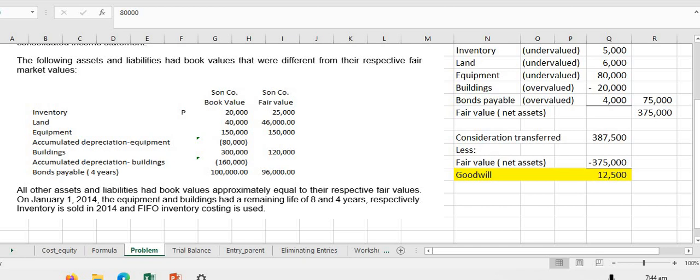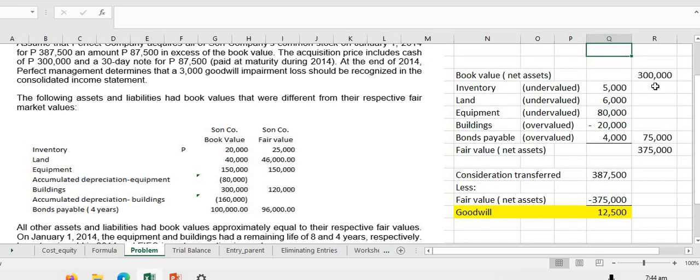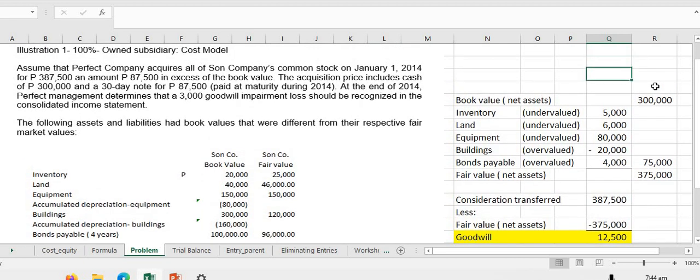Then inventory sold in 2014 and FIFO inventory costing is used. So before that, let's compute first for the goodwill. Since we have the book value of our net assets, which is actually 300,000, we just add or deduct any difference between the book value and the fair value of our assets.